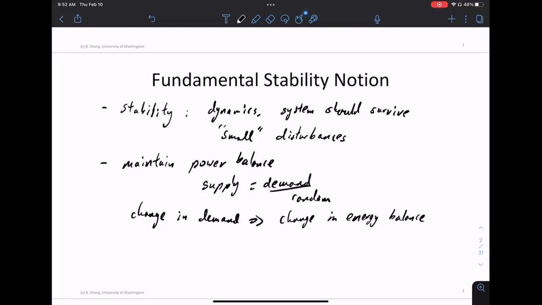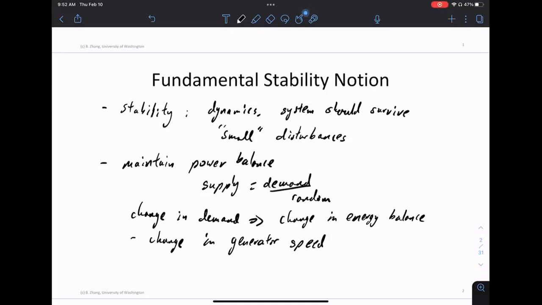So what this leads to is a change in generator speed, because you were rotating, let's say, at 60 hertz, happily going along. Suddenly the demand changes. Conservation of energy is a physical law, and that forces energy to come out somewhere. This energy comes out of your spinning turbine.